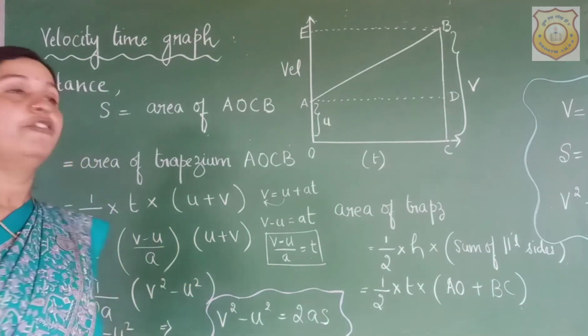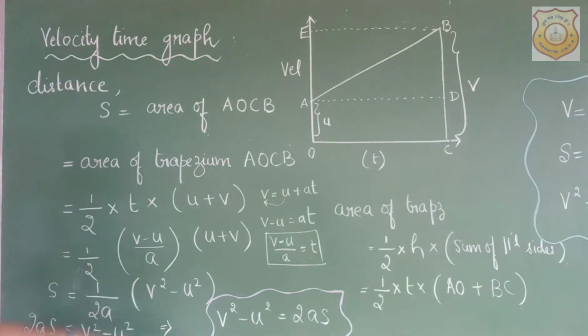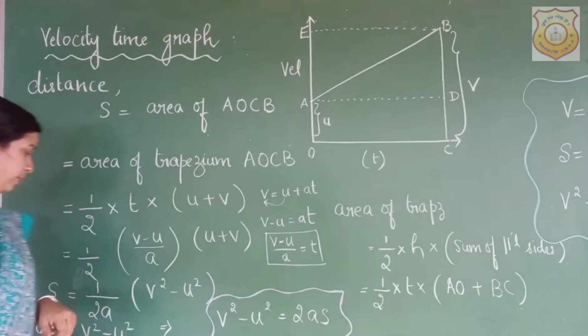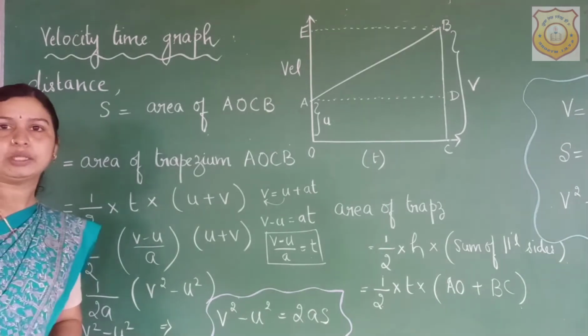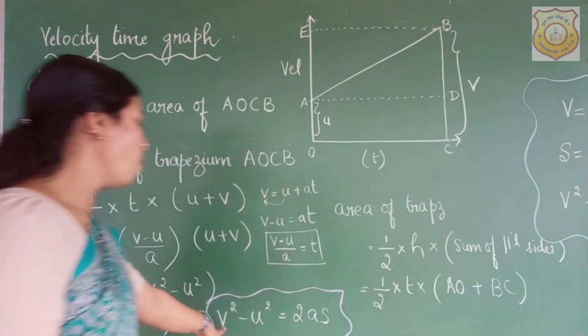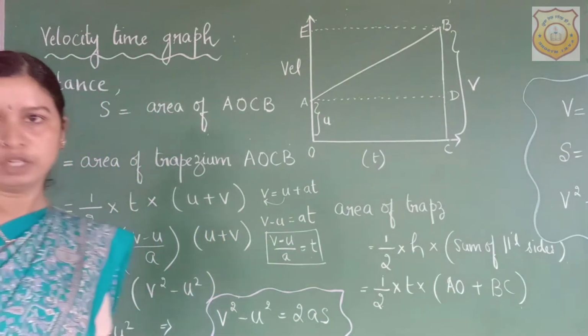So here v minus u into v plus u is nothing but v square minus u square. So s equal to v square minus u square by 2a. If I bring 2a to the other side, it comes to the numerator. So 2as equal to v square minus u square, or you can write it as v square minus u square equal to 2as.